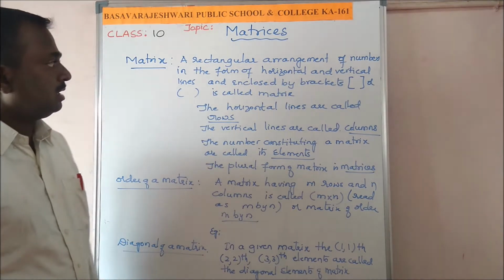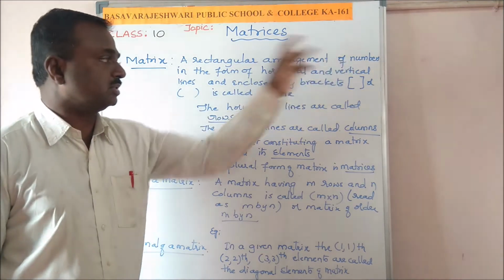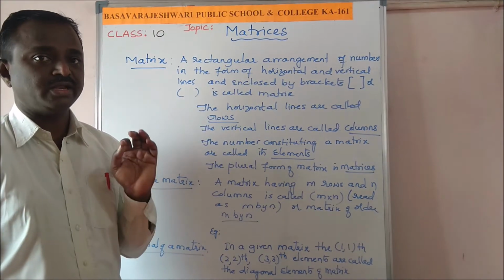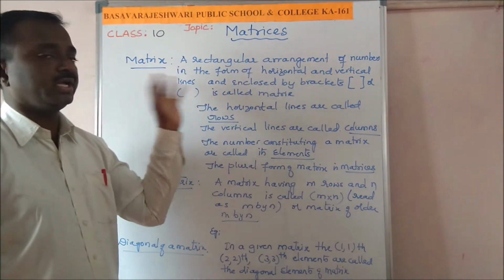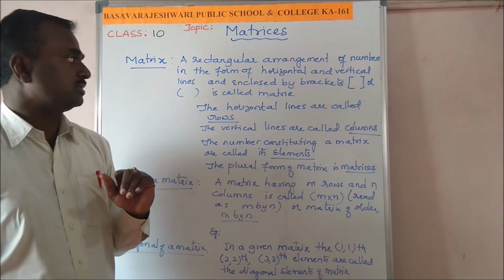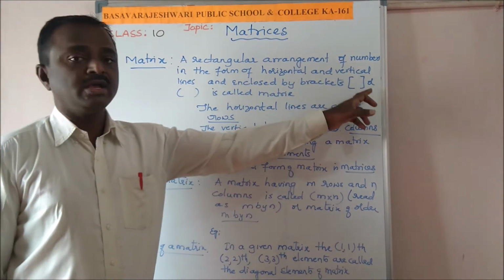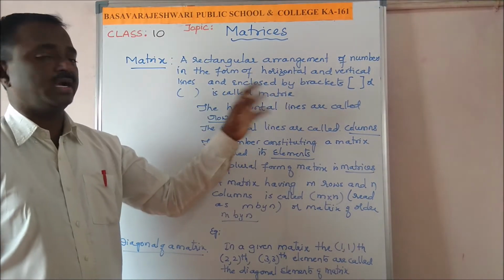I will write on the board: a rectangular arrangement of numbers in the form of horizontal and vertical lines and enclosed by brackets or parentheses is called a matrix.